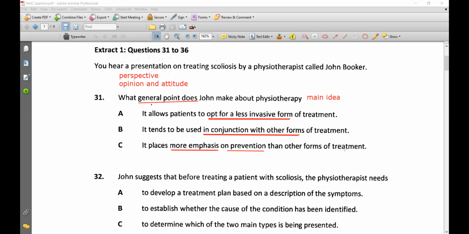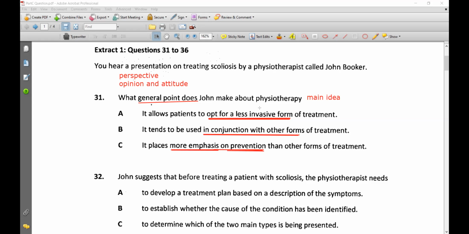So when you are looking at answer choices, you try and see how those three answer choices are different from each other. And are there any answer choices which are very close? Or what is that minute difference that can help me differentiate between those two answer choices? So here I have answer choice A and answer choice C that are basically a comparison of physiotherapy with other treatment choices, but the comparison is in a different way.